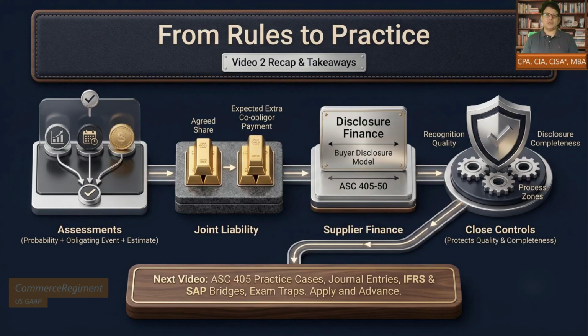Supplier finance programs are primarily buyer disclosure models under ASC 405-50, and close controls protect both recognition quality and disclosure completeness. In the next ASC 405 video, we move into practice cases, journal entries, IFRS bridge, SAP bridge, and targeted exam traps.